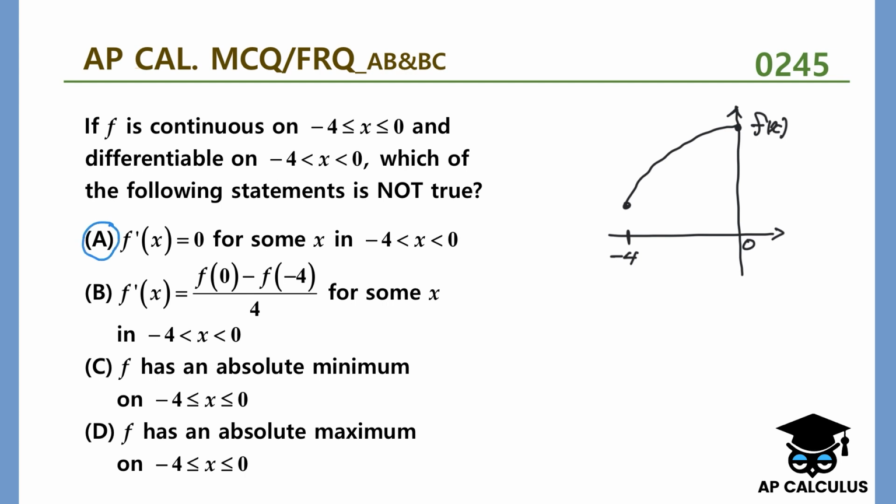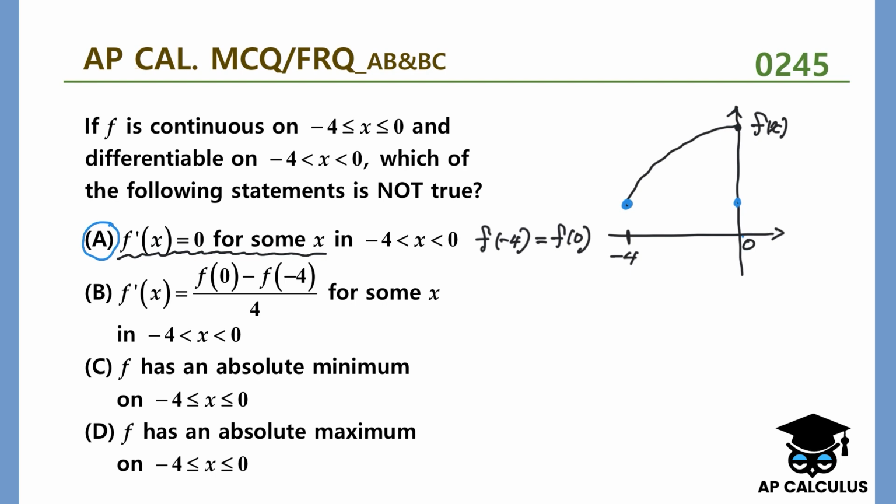f prime is equal to 0 for some x only if f of negative 4 is equal to f of 0. This is Rolle's theorem, right? Okay, here, let's say when x is negative 4, the value is right here. When x is 0, the y value is the same as f of negative 4.